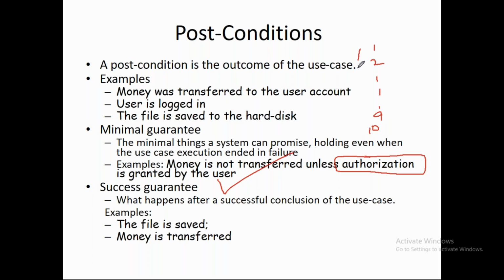Out of 10 steps, the system is developed such that the ninth and 10th steps are not yet developed, not yet implemented. So you can't expect these things to work now. But what is your expectation until this point of time? Until step 8 should be successful.